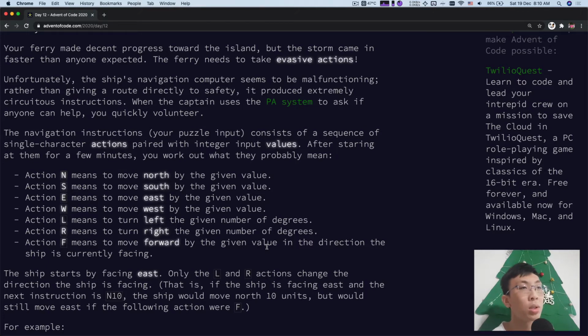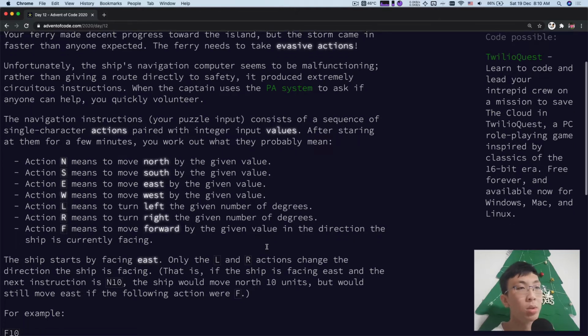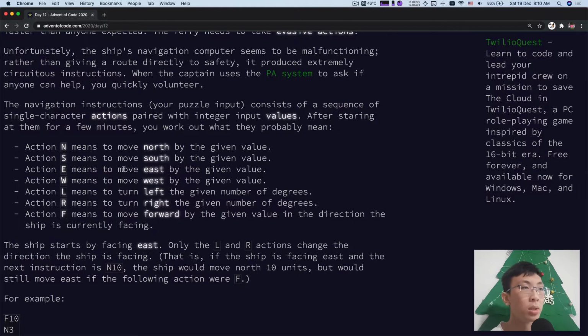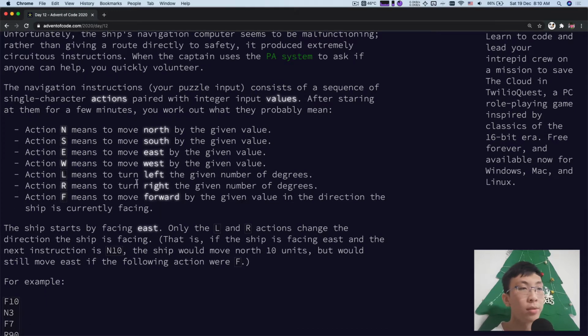The navigation instructions, which is your puzzle input, consist of a sequence of single character actions paired with integer values. After staring at them for a few minutes, you work out what they probably mean. Action N means north, S is south, E is east, W is west, L is left, given the number of degrees, R is right, and F is forward, in the direction the ship is currently facing.